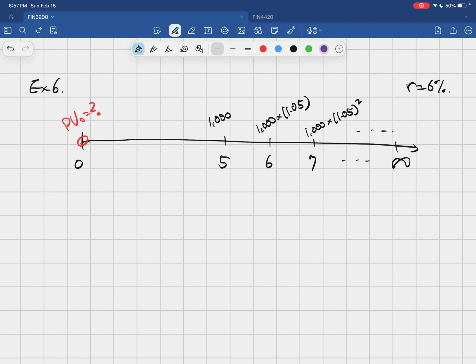Here we have a growing perpetuity. And since we're trying to calculate the present value of a growing perpetuity, the only logical formula that we can choose is the PVGP formula, present value of a growing perpetuity formula. And it looks like this.